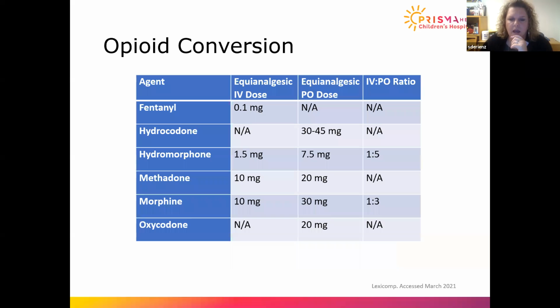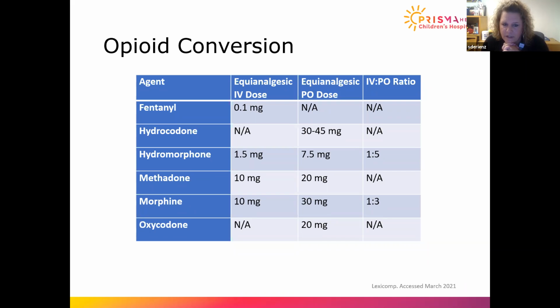So this is a very commonly used chart. It's readily accessible in Lexicomp, and I can't emphasize that enough, use your references. You can utilize your pharmacist and your references that you have available to you, such as Lexicomp. So this is an example of an equal analgesic dosing chart and how you can convert your opioids.